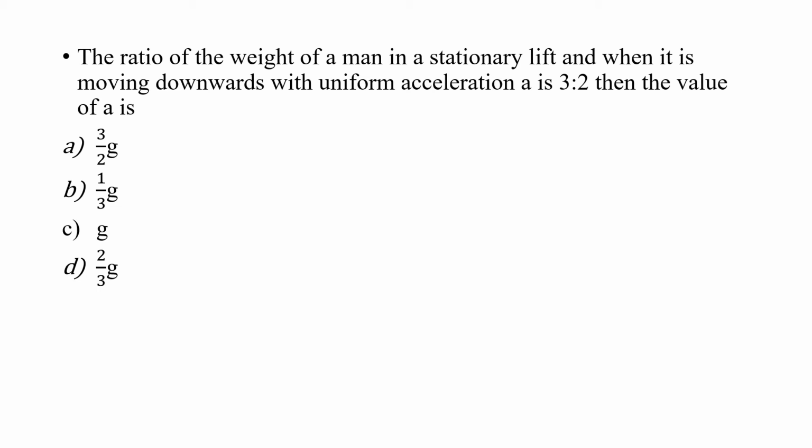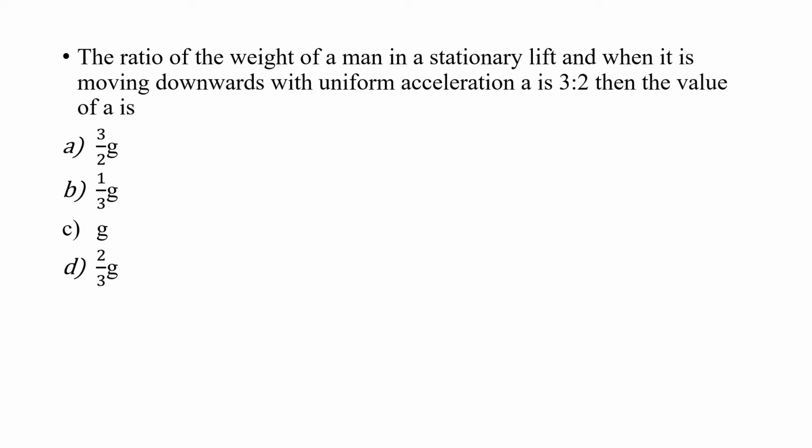In this problem, you were asked to find the acceleration of a certain system, and you were given the ratio of weight of man in stationary lift to weight of man when the lift is moving downwards as 3:2.